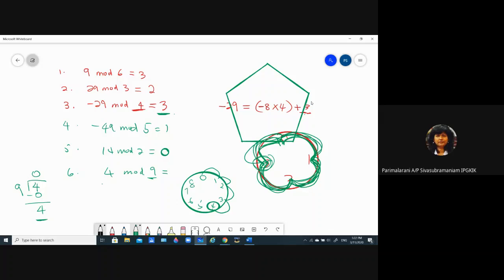Okay? Remember this. So this is 4. One more last question. 5 mod 7 is equal to 5. Yes, 5. Okay, so this is the basic. You have to understand this before you go on.